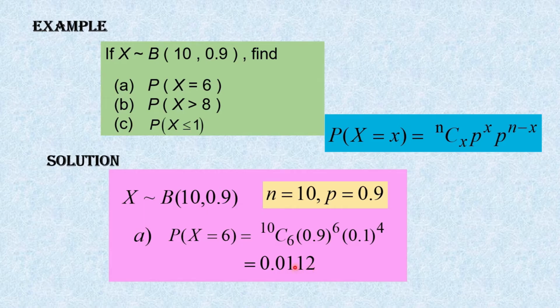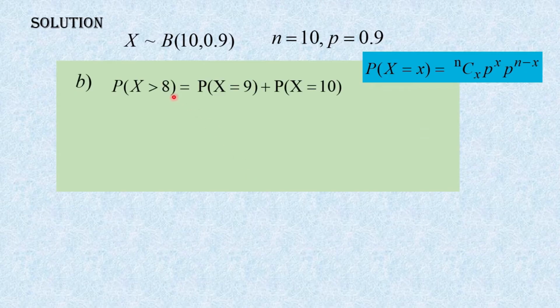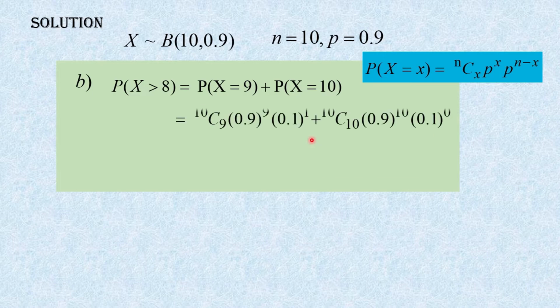Okay, now we continue with B. Probability X more than 8 is equal to probability X equals 9 plus probability X equals 10. So substitute the value of x, that is 9, into this formula.